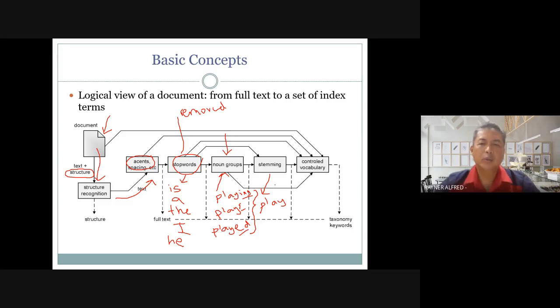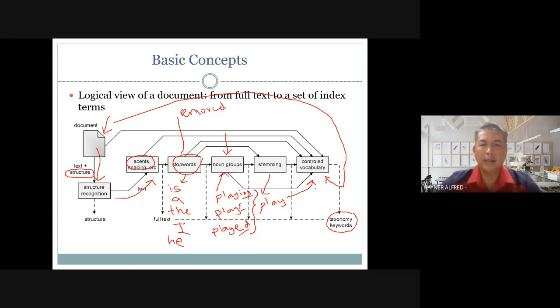Once we perform the stemming, we get the root word. So we have all the keywords here, then we have the taxonomic keywords here. This is the process from a full text document to a set of index terms.